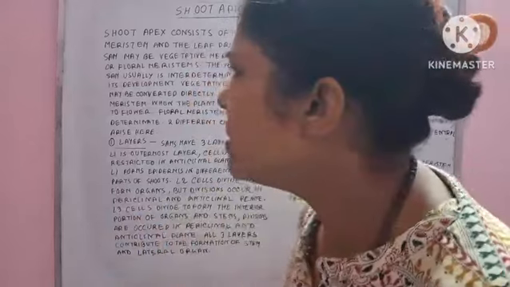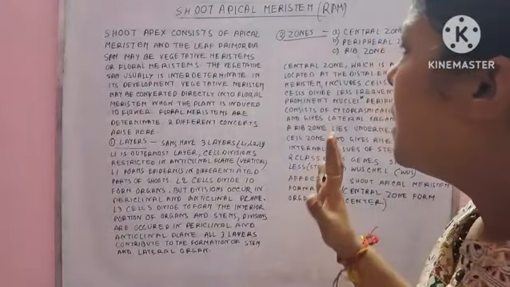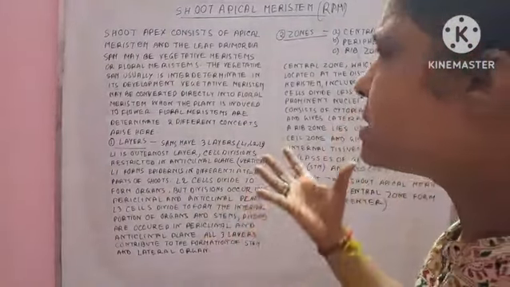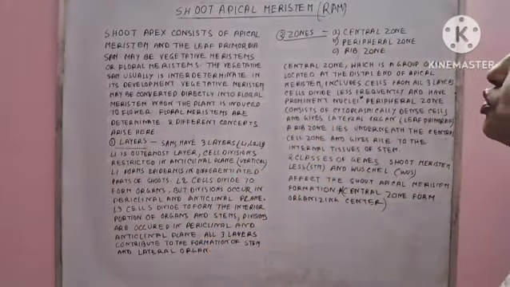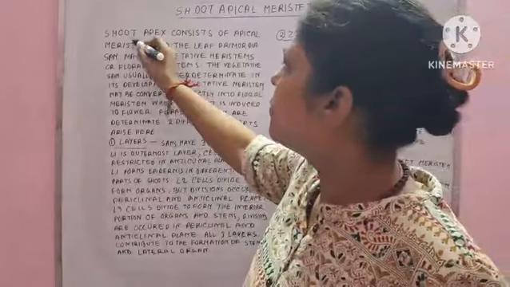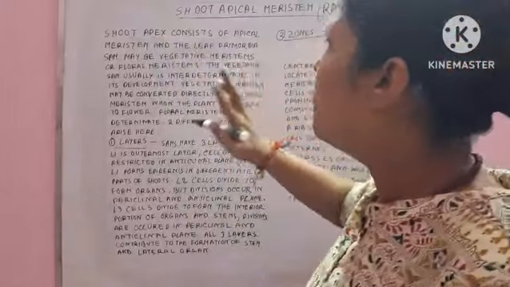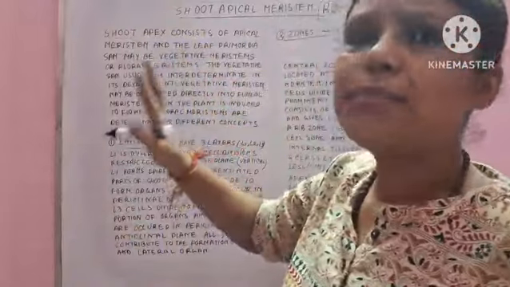So here, the shoot apical meristem, how is this developed? In the case of the shoot apical meristem or the shoot apex, it consists of two types of region.